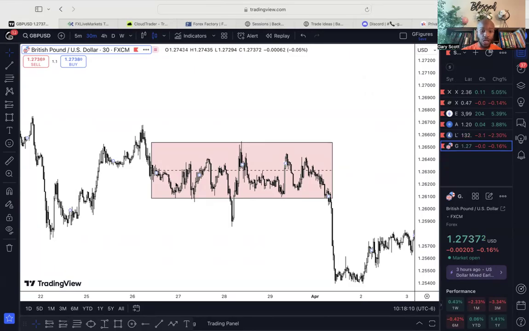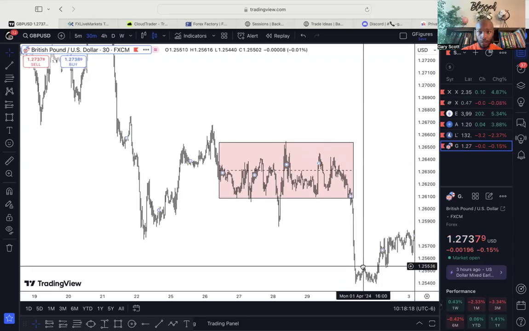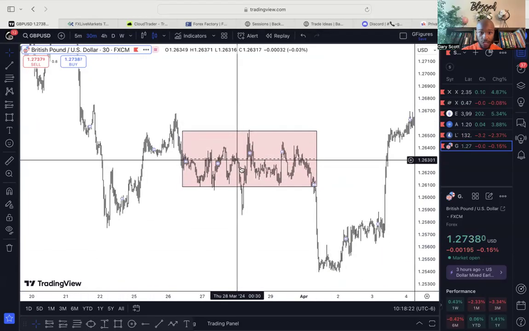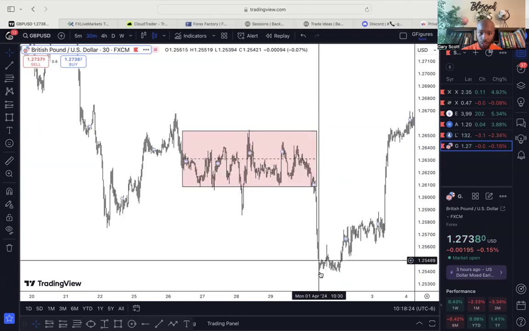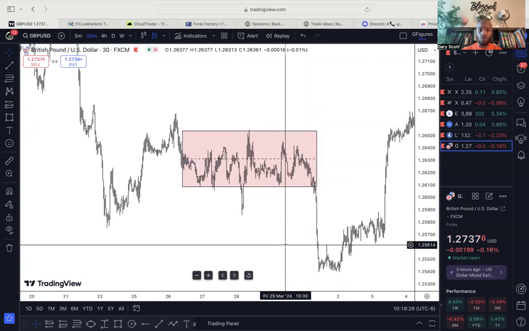That's a ranging consolidation market. Again, what happened before that consolidation came? Price was dropping, price consolidated, and price did what? It dropped again. I want to show you guys that example, so you see how that operates and how that works.